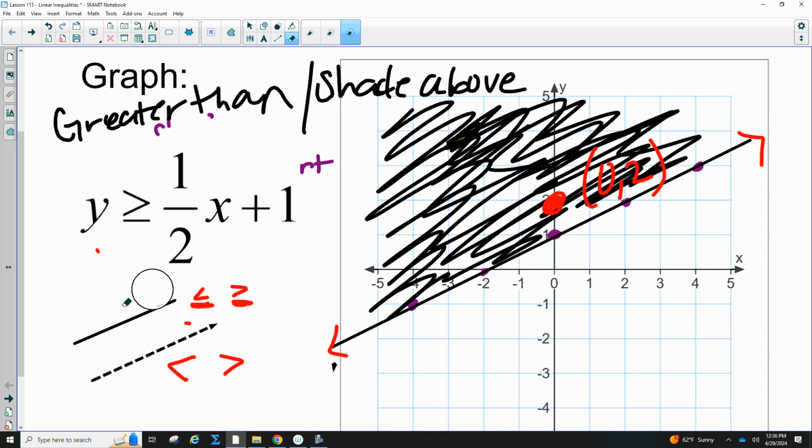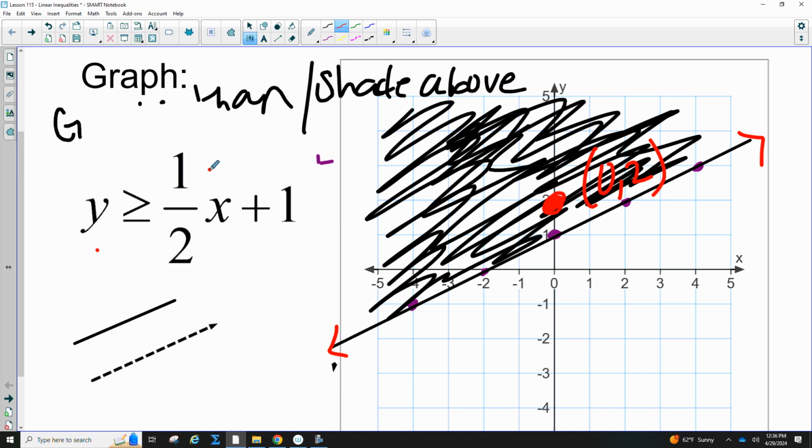We plug in 0 for x and 2 for y, and see if we get a true or false statement. This is usually really quick. So 2 is greater than or equal to, anything times 0 goes away, 1. That is true, 2 is bigger than 1. That means you're shading where that point is. It's in the solution region.